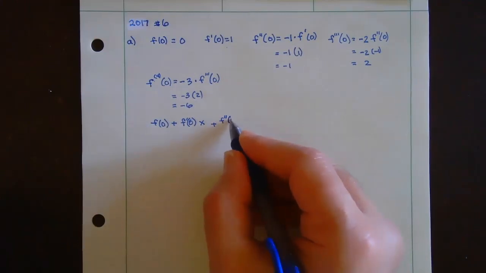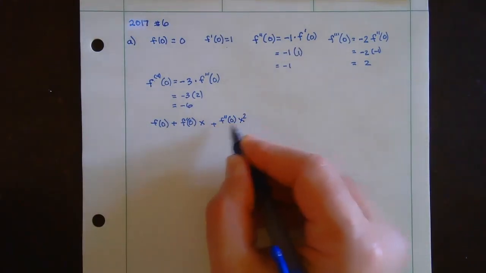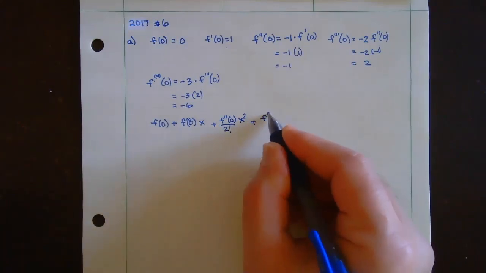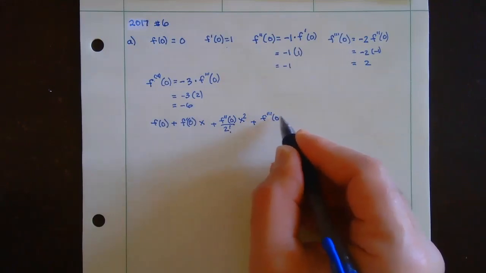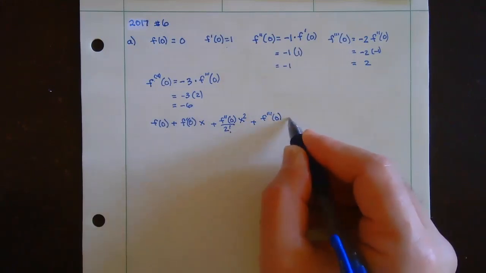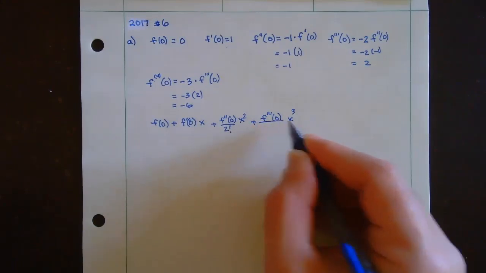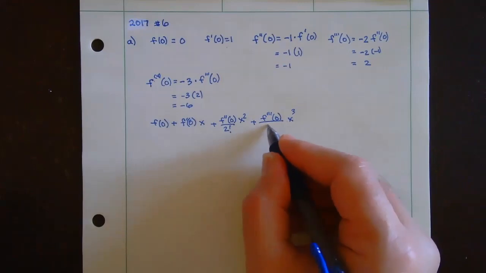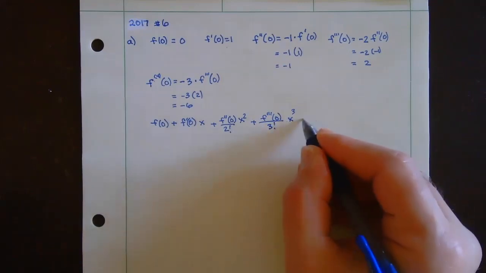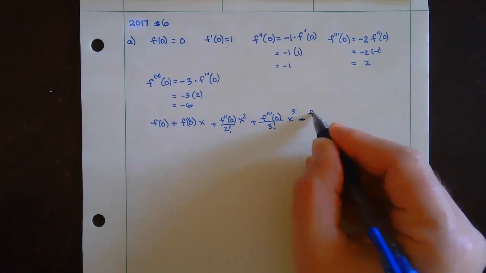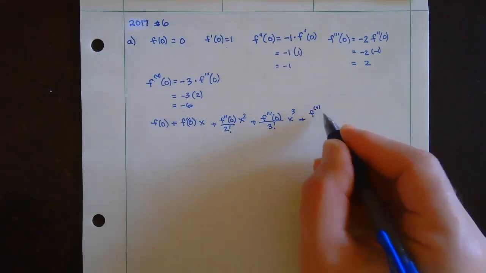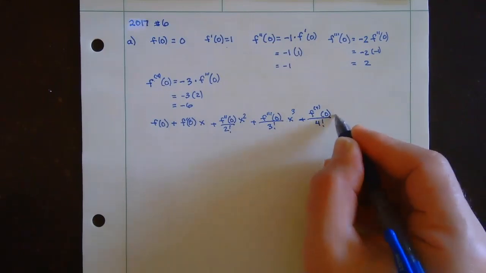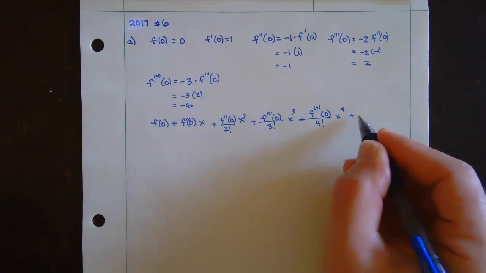So f double prime at 0 of x squared over 2 factorial, and then plus f triple prime at 0 times x cubed. This is really x minus 0, but we're not writing x minus 0 because that's just x, over 3 factorial. And then we need one more, right? So plus the fourth derivative at 0 over 4 factorial times x to the fourth, and then plus dot, dot, dot.